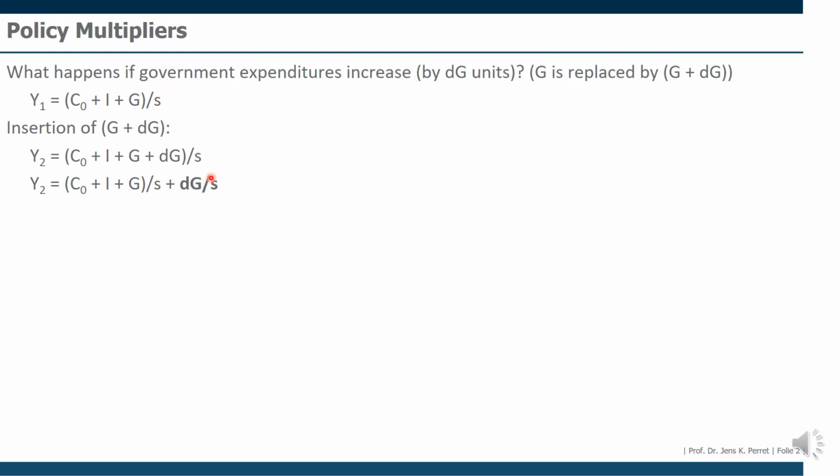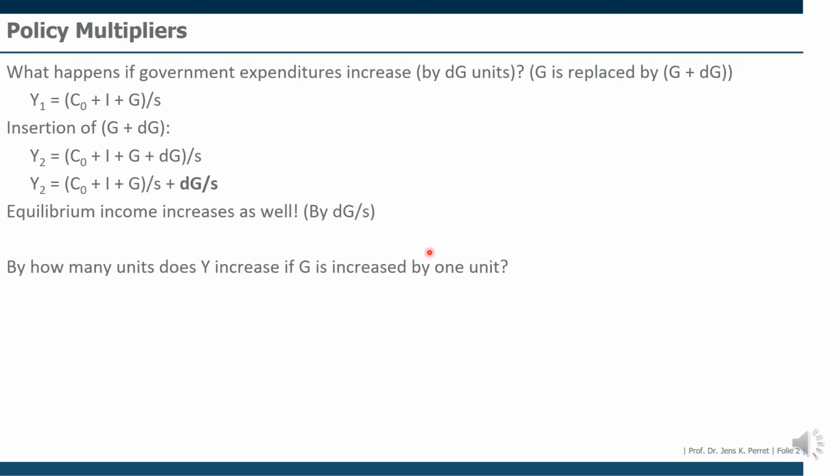However, we might also have a different, more structured, more mathematical approach to solve the same problem. For this, we consider the equation again and slightly reformulate the question: by how many units does the dependent variable y change if G is increased by 1 unit?